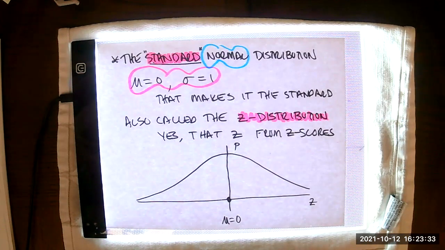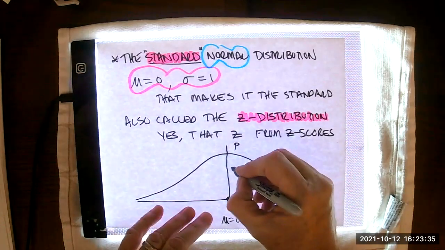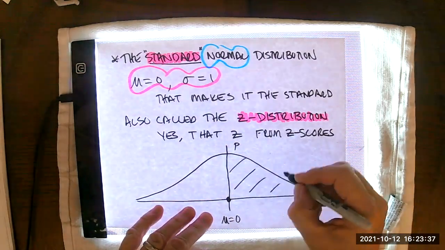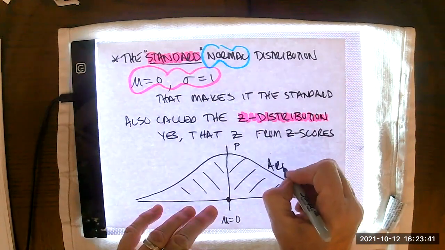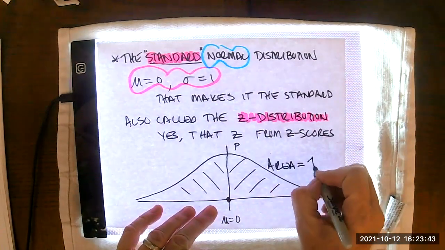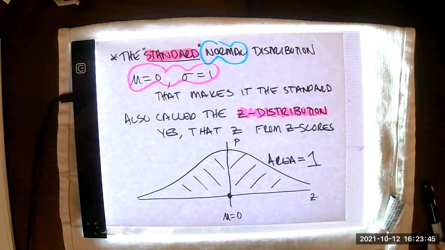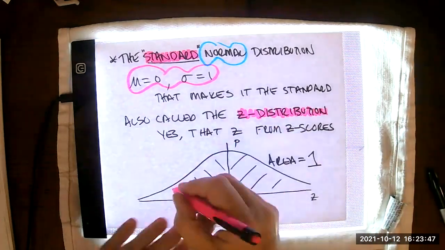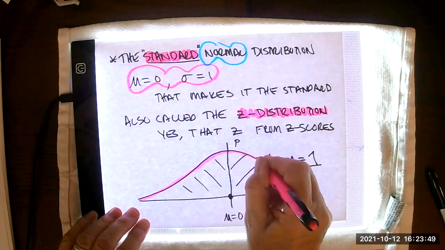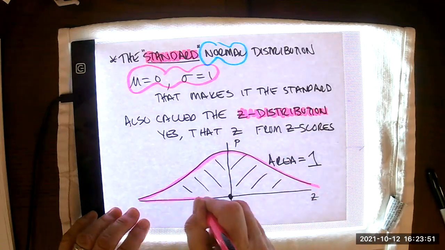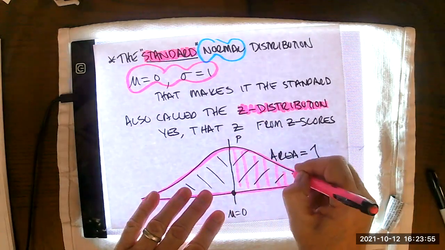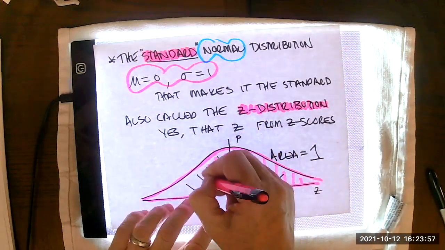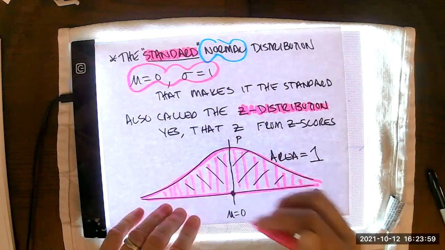And very much like I just said in the previous slide, the area is equal to 1. So if I take a look at the area between the curve and the x-axis, it's equal to 1.